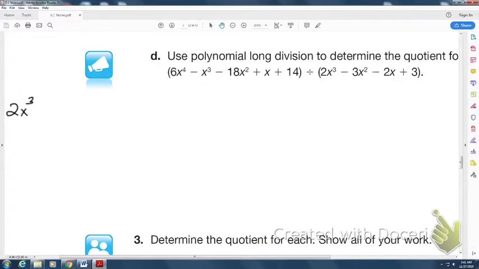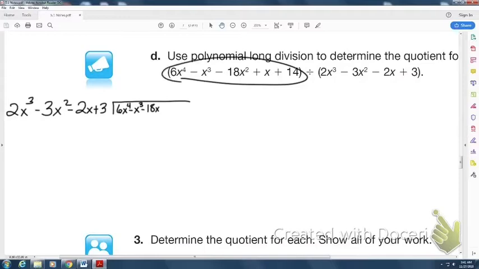You don't have to rewrite it like this. How do you know what goes outside of the box? If it's set up like this, that's always going to go inside the first one.